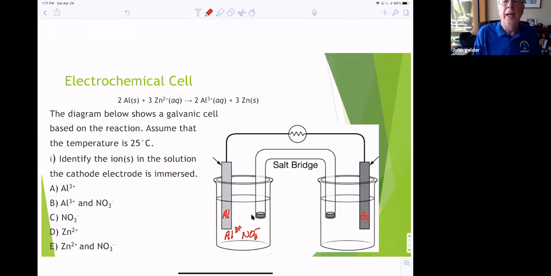So I'm going to go ahead and end the poll and share the results. And yes, I agree, we would need zinc ions and nitrate ions in the cathode compartment.